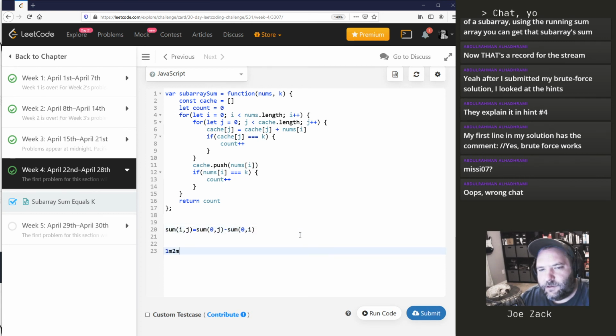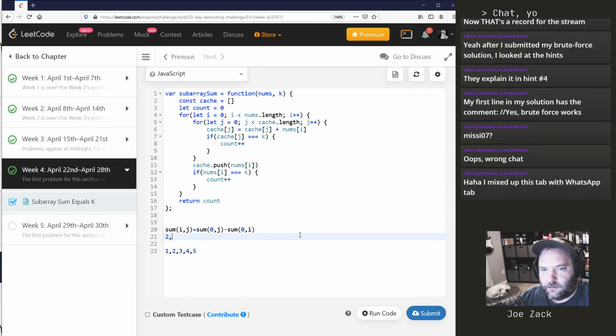So if we have 1, 2, 3, 4, 5, I'm going to just pick two numbers, 2 and the 5. We're saying the sum of 0 to j, minus the sum of, I should use indexes here, not the actual numbers, so this is what I was actually thinking.